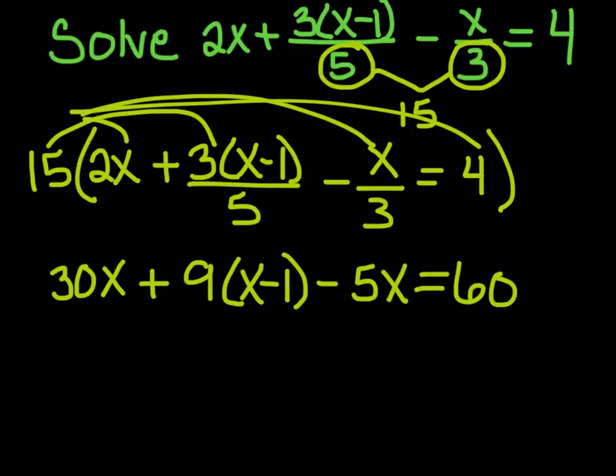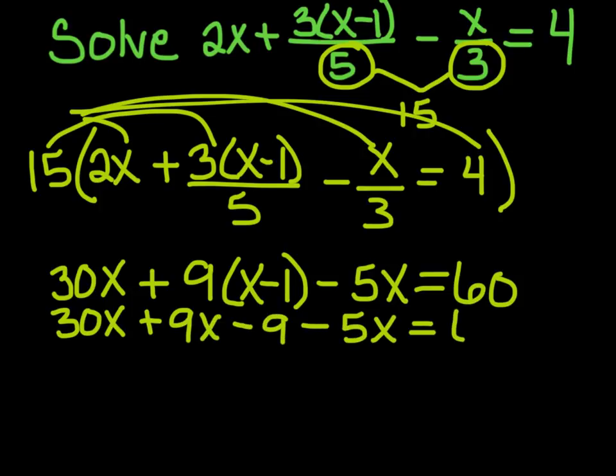So now I don't have fractions anymore. Now I have something that's really easy to put together. I want to distribute my 9, so 30x plus 9x minus 9 minus 5x equals 60. And we want to combine like terms. So the 30x, the 9x, and then the minus 5x gives me 34x.